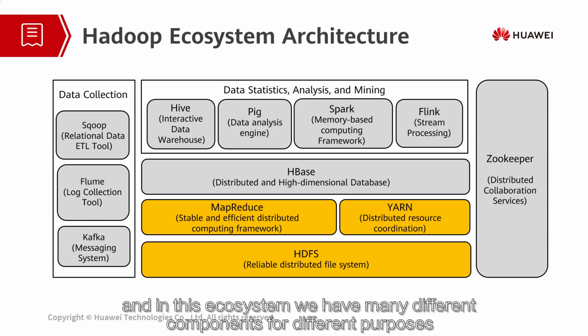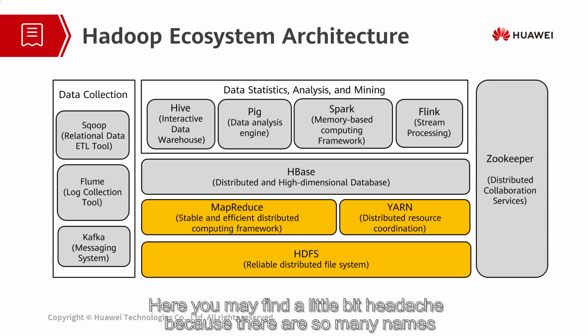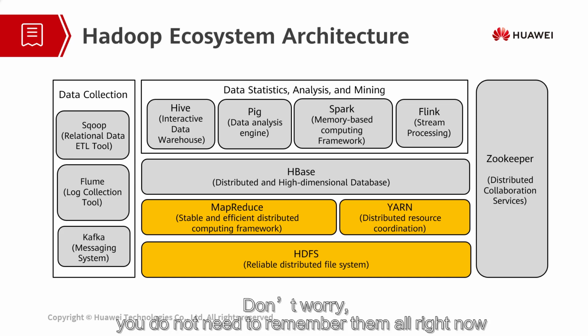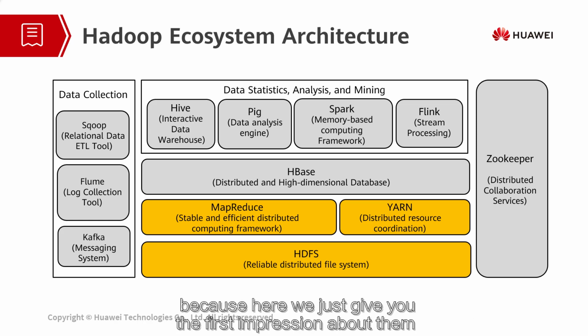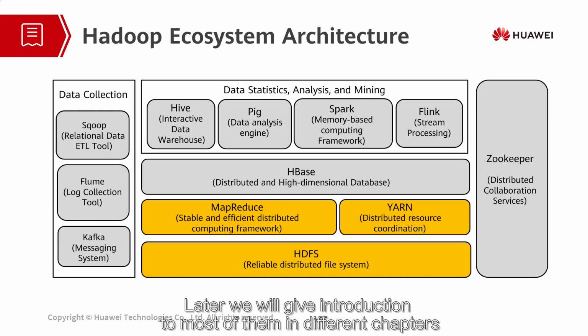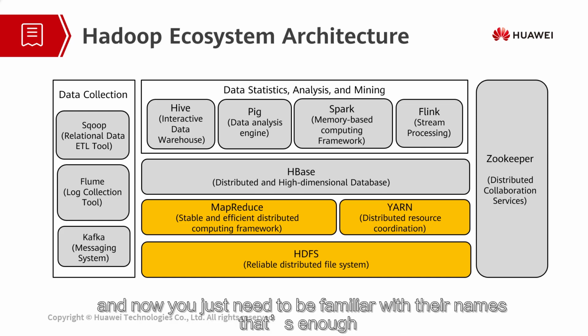And in this ecosystem, we have many different components for different purposes. Here, you may get a bit of a headache because there are so many names. Don't worry, you do not need to remember them all right now because here we just give you the first impression about them. Later, we will give an introduction to most of them in different chapters. For now, you just need to be familiar with their names.